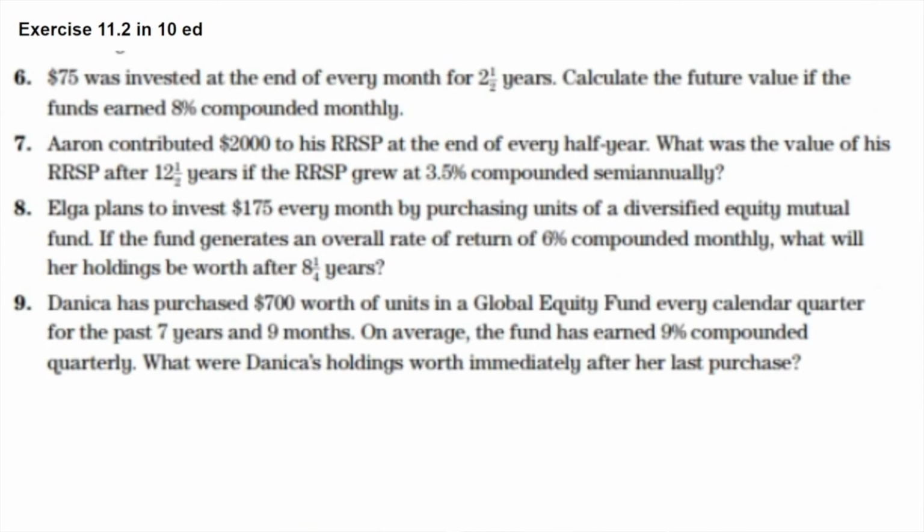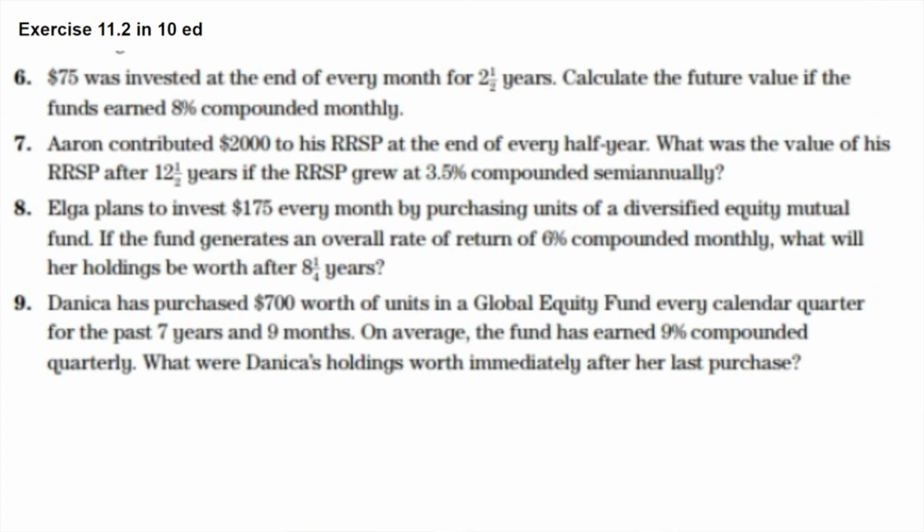If the fund generates an overall rate of return of 6% compounded monthly, okay, so we got a payment monthly and a compound monthly. By definition, that's a simple annuity. With 6%, what will her holdings be after 8 1/4 years? Now I've got to be careful here because it is 8 1/4 years.